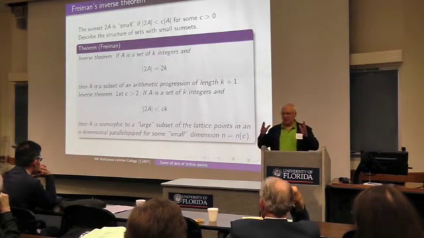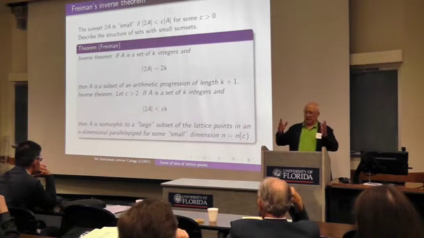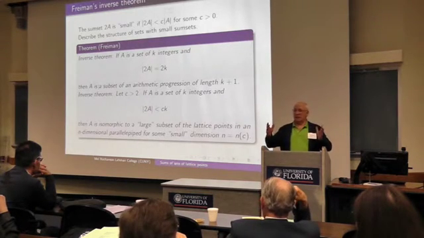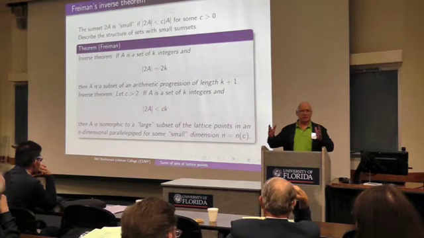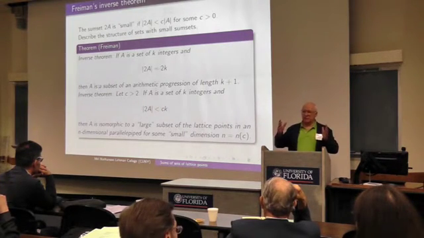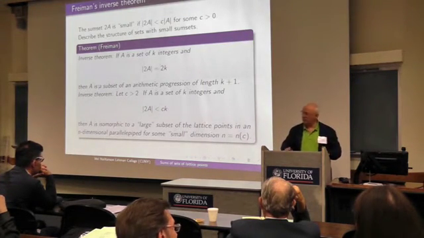So, if you take a parallelepiped, you add it to itself, it doesn't get too much bigger. And if you look at the lattice points, you add them, they don't get too much bigger. And that's the canonical case. That's the only way a set can have a small sum set.